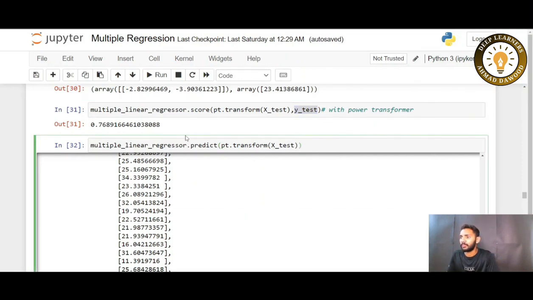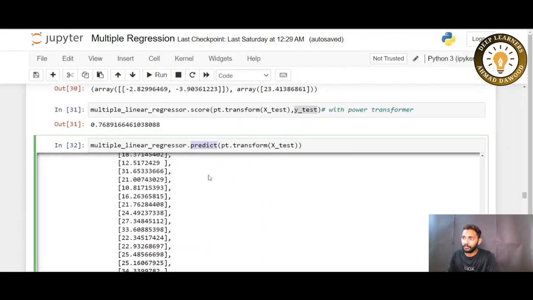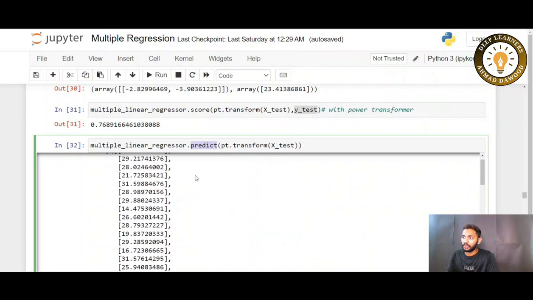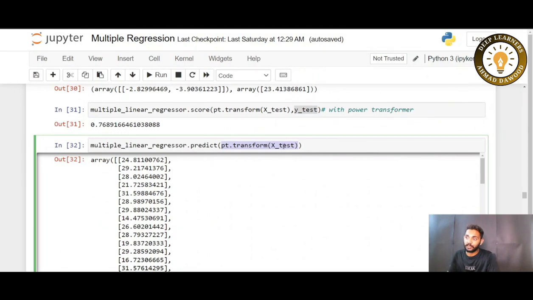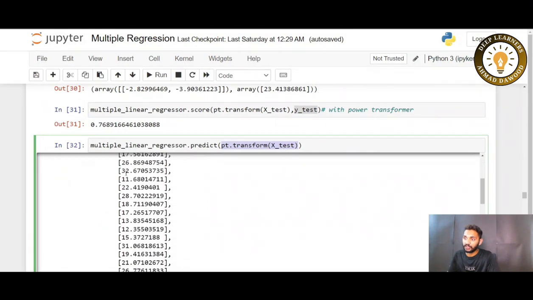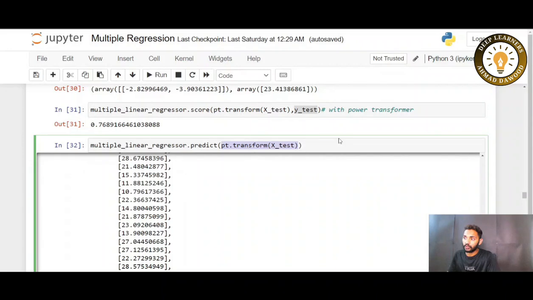If you want to do some prediction, you can use the predict method and print the predictions. Here I want to see the predictions for all the testing data points. So these are the predictions. Now you can compare these predictions with your true values.